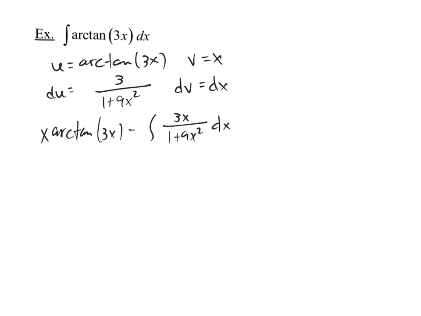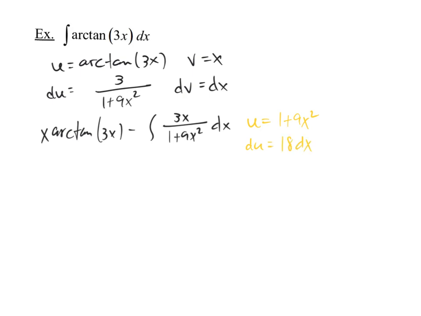And so now this integral right here fits into our logarithm category because we have that x in the numerator and it's 1 degree less than the degree of the denominator. And so what I could do, and I'll do this in yellow, is I could choose my u to be 1 plus 9x squared, and that means my du is going to be 18x dx.